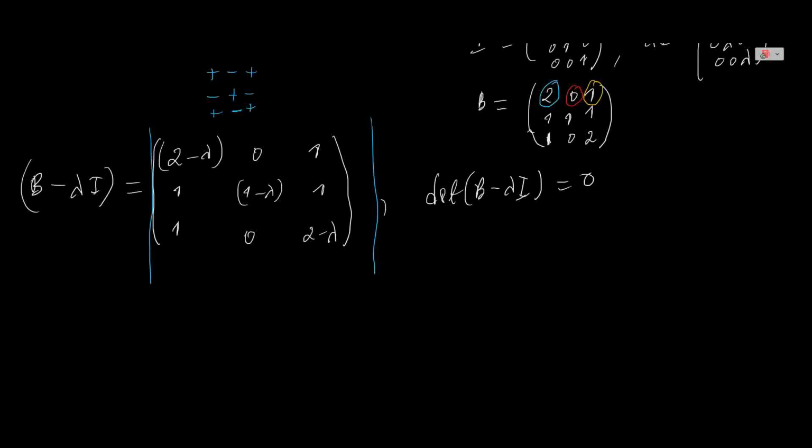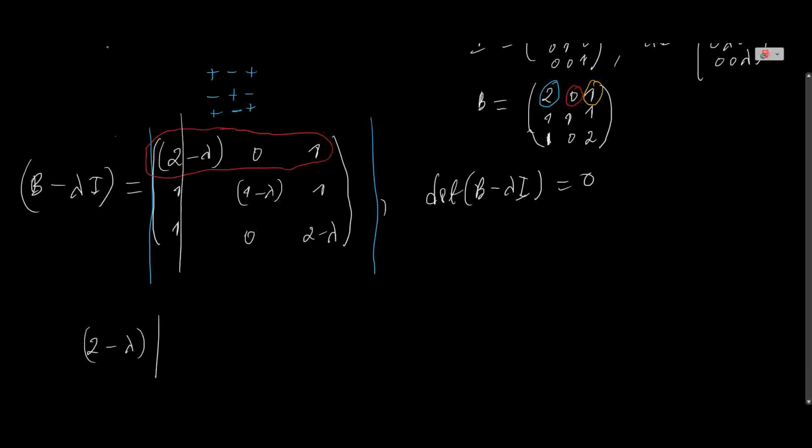In this case, we're going to consider this as our pivot. There is also a 0 here, so it's going to simplify work. So we consider 2 minus lambda here, and our sub matrix is simply 1 minus lambda, 1, 0, 2 minus lambda.